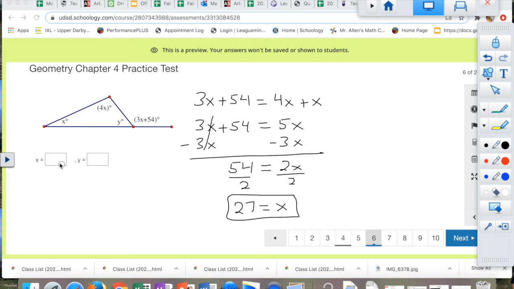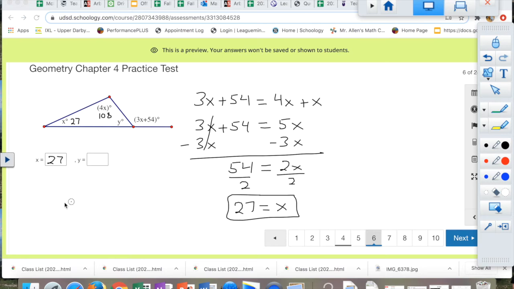Now that I know that 27 is x, I could plug it back in here. That means this angle is 27. And if I plug it in here, 4 times 27 is 108. Now I could find y using the triangle sum theorem.